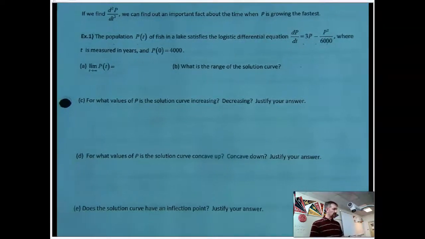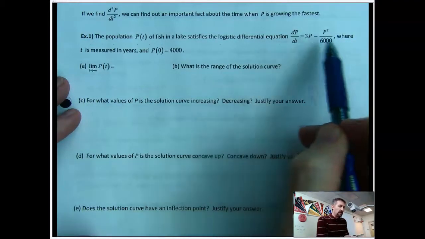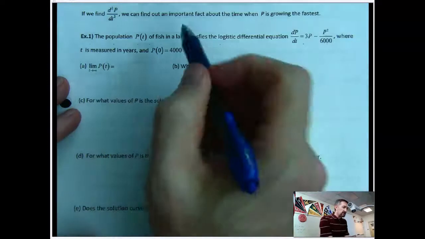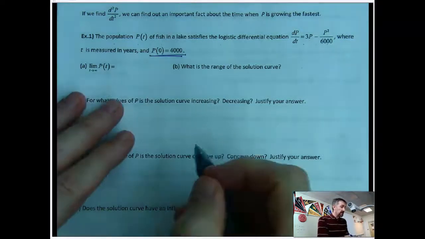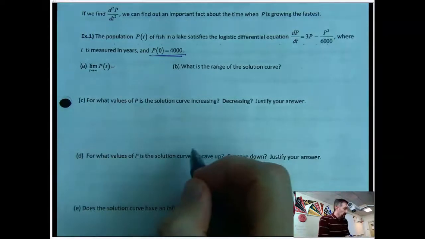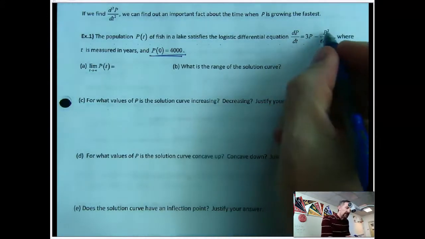All right, so we have a population of fish in a lake, and it follows this logistic differential equation here, where t is measured in years, and we also have this initial condition at p of 0. If we take a look at this, what we can do is factor out the p in here.